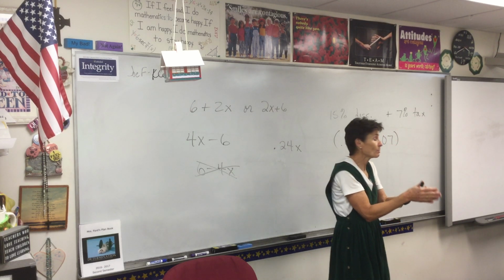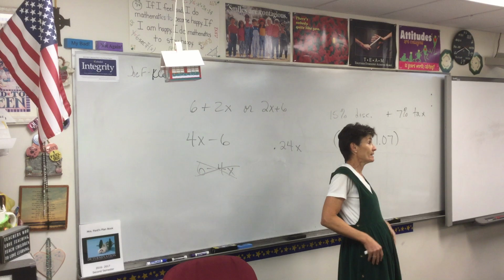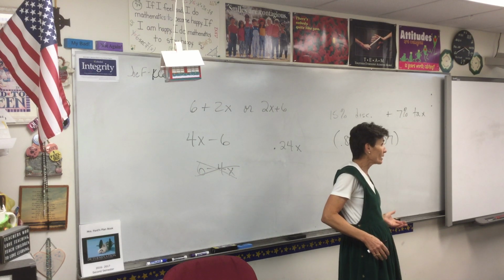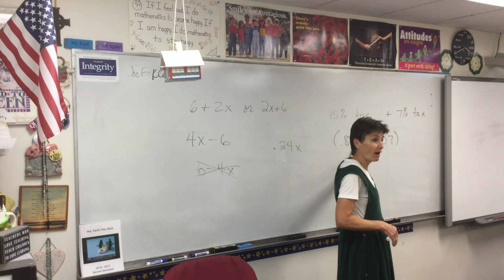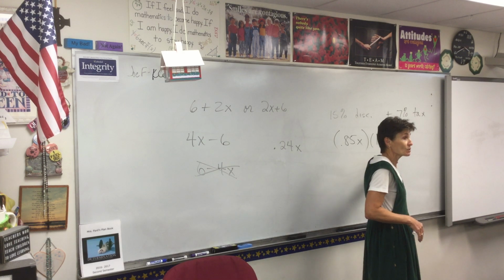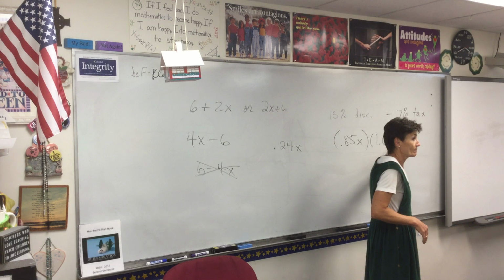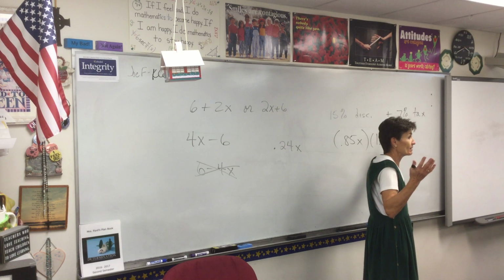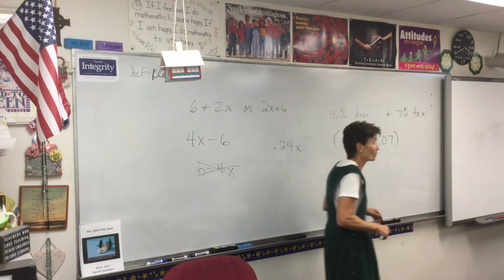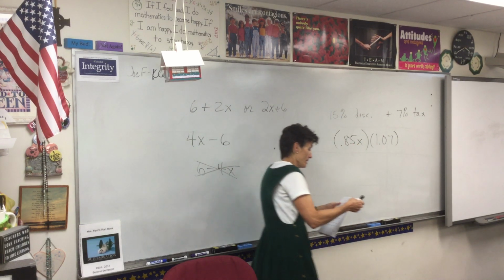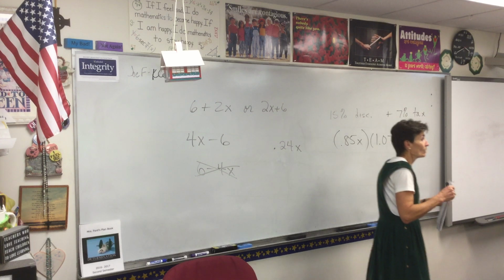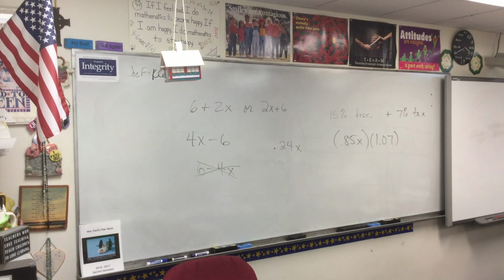I'm taking whatever the price is. Let's say I want to buy a new jumper and it's $5, okay? I would multiply $5 times 0.85 and then times 1.07, right? And that would give me the answer to the question. We're going to do some of those, so hang on to that thought. So even if it was 9% tax, you multiply by 1.09.